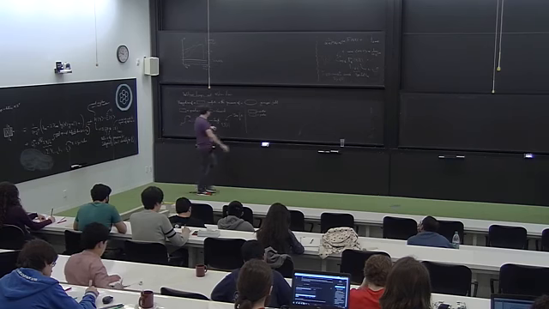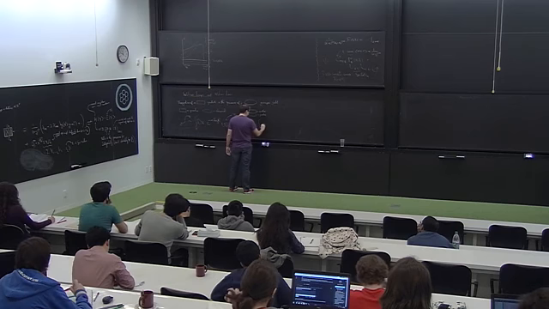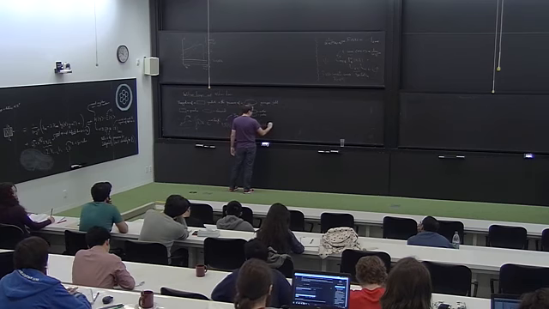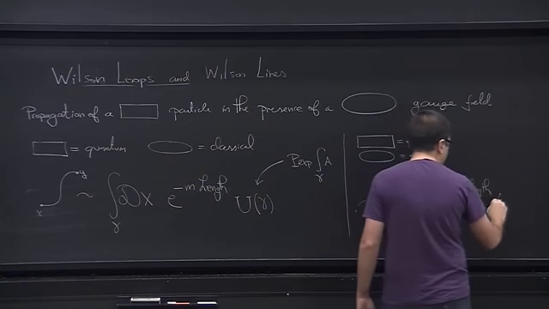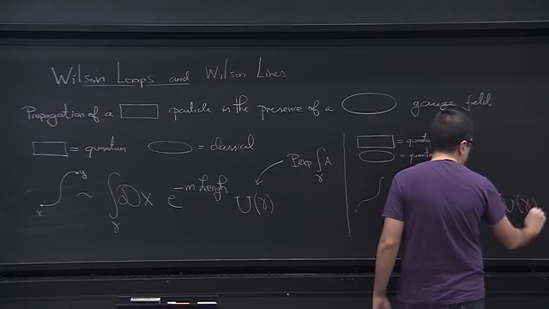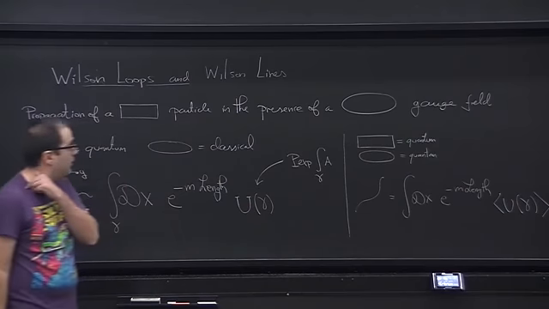I just want to point out something obvious. All I would do is I would say that my propagation would now be described by an integral dx e to the minus mass times the length times the expectation value of the Wilson line, right? Where I average over all possible gauge fields.